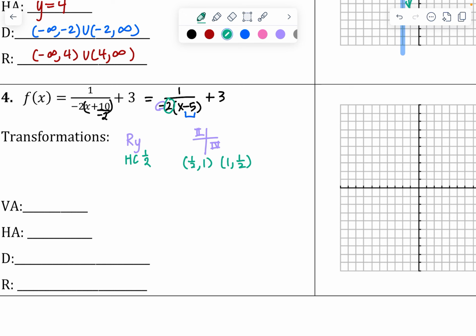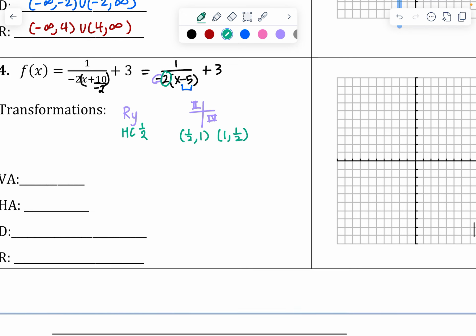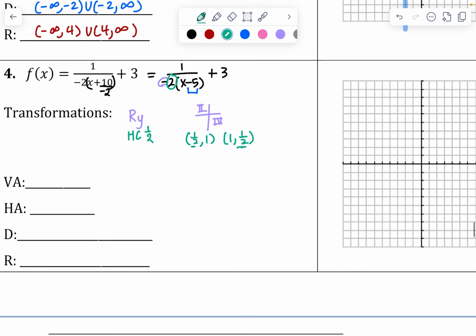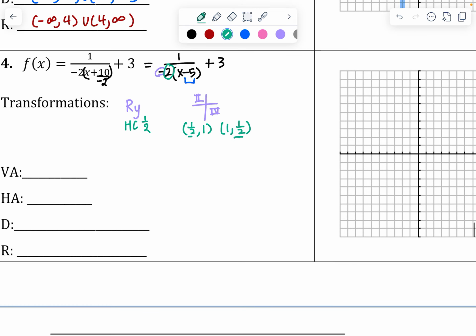Any scale factor, regardless of where it's at, is going to create these 2 points in each branch. And then we have our right 5 from this, minus 5, and then lastly an up 3.